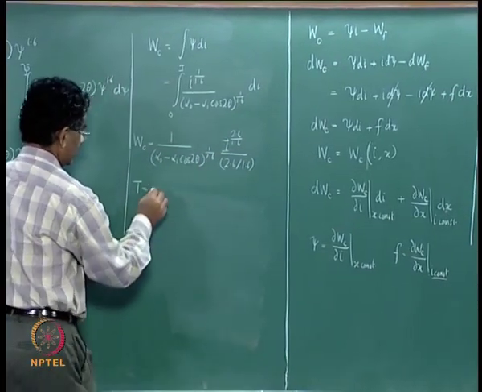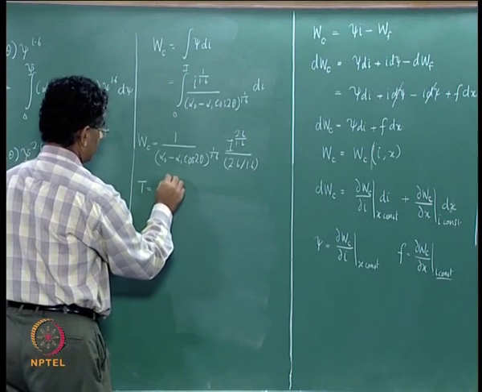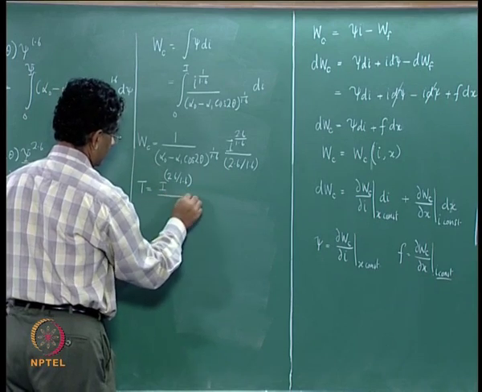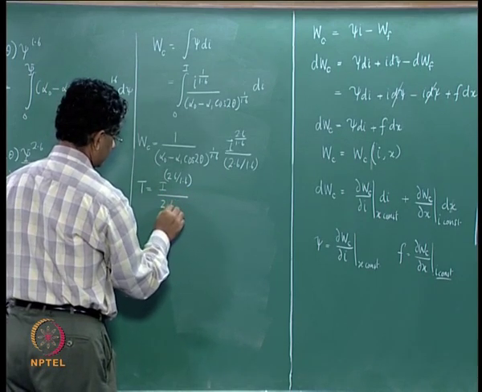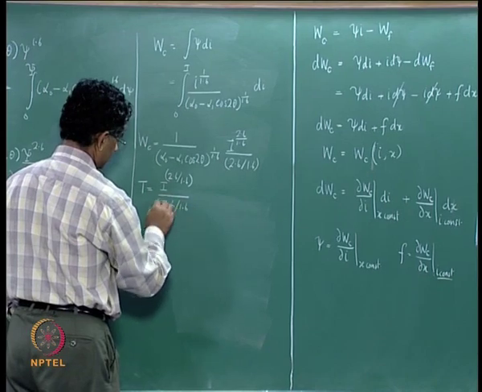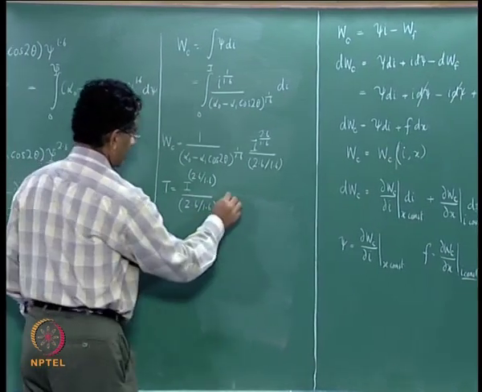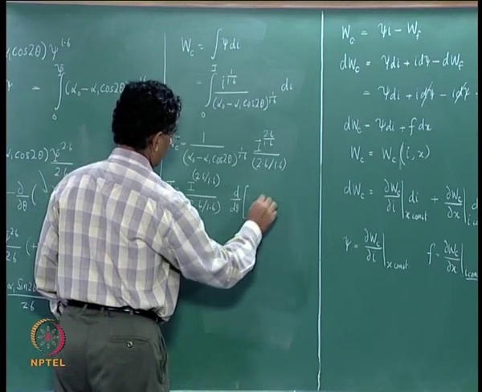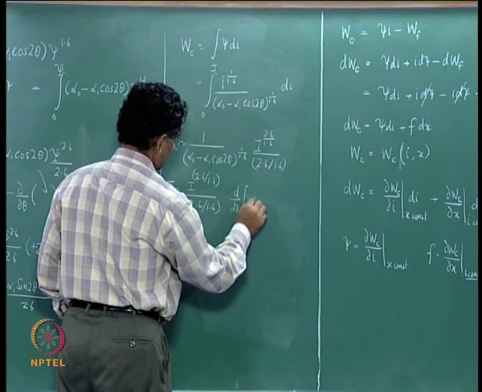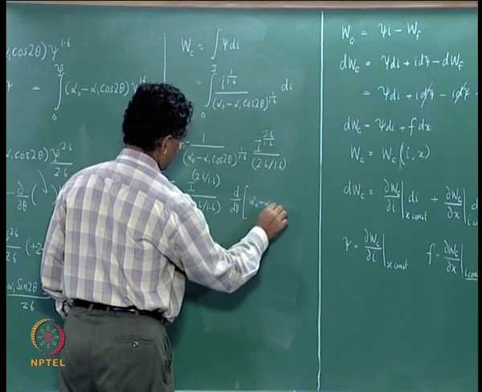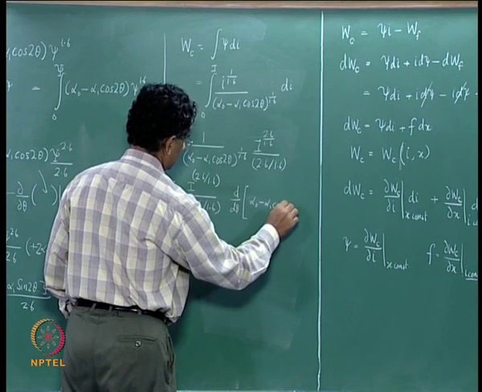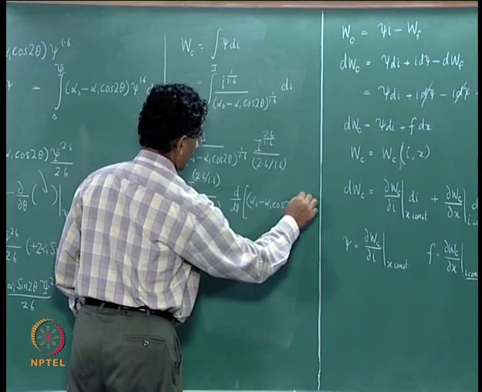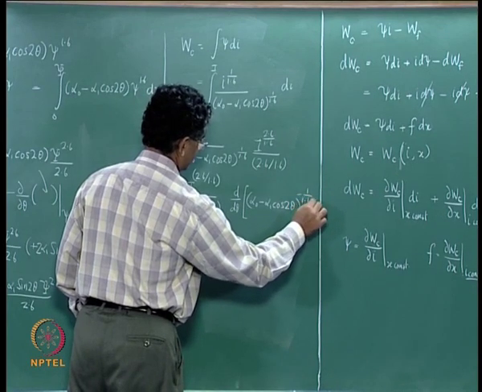So, the torque is then I to the power of 2.6 by 1.6 divided by 2.6 by 1.6 multiplied by d by d theta of alpha naught minus alpha 1 cos 2 theta to the power of minus 1 by 1.6.